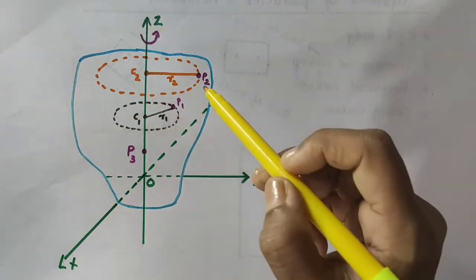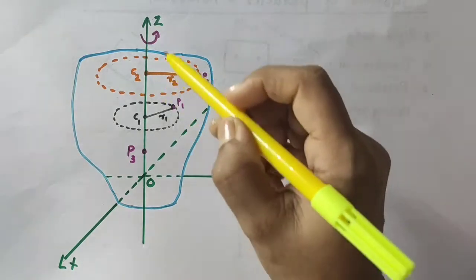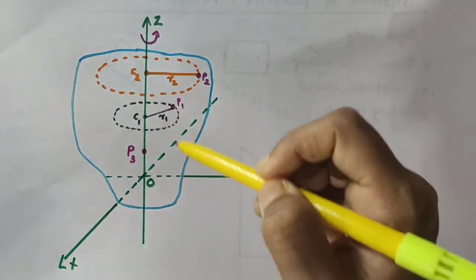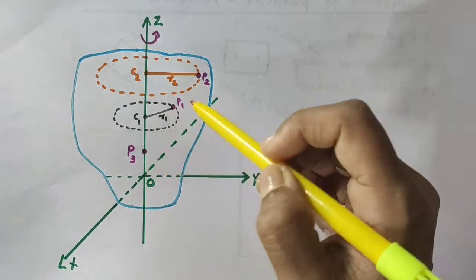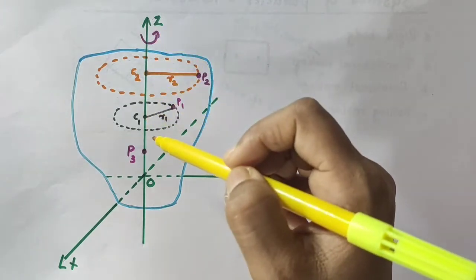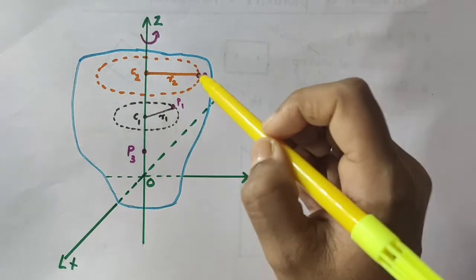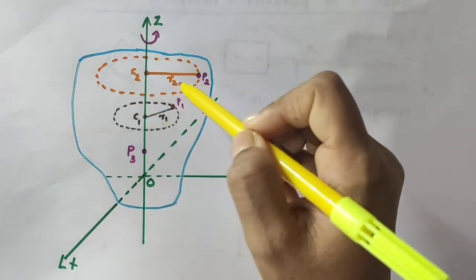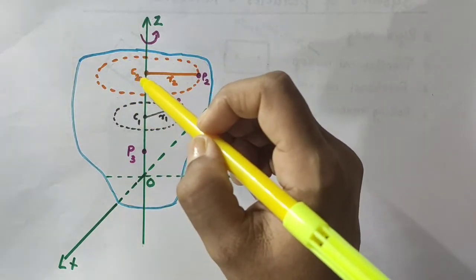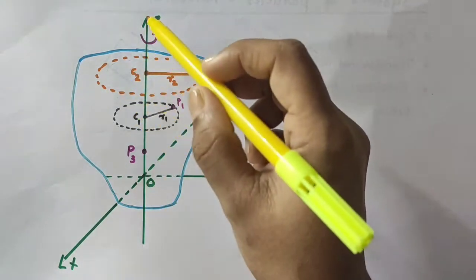Now, consider another particle P2 of the rigid body which is at a distance R2 from the Z axis, the axis about which the rigid body rotates. When the rigid body rotates, this particle P2 moves in a circle of radius R2 and the center of this circle is C2, which is on the Z axis. So this circle also lies in a plane perpendicular to the Z axis.